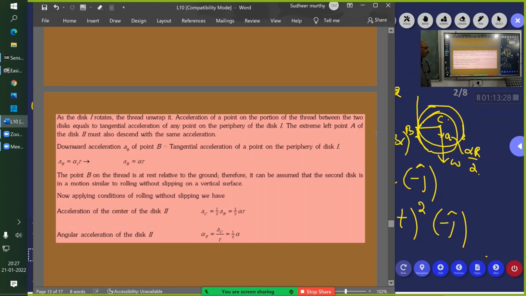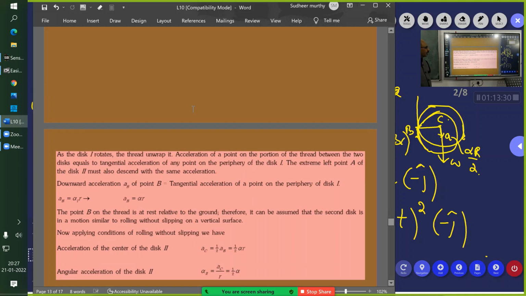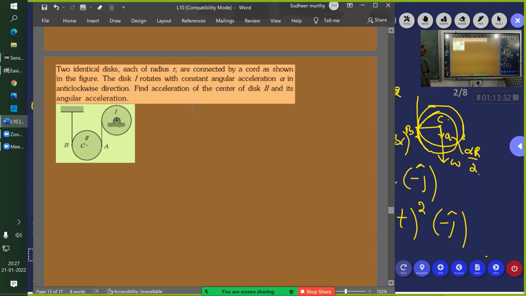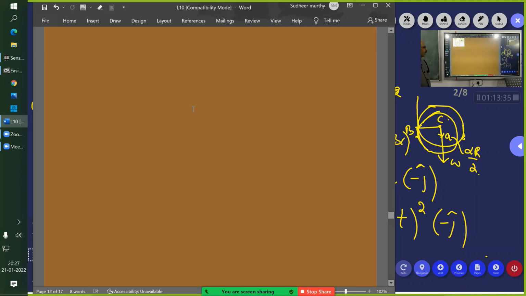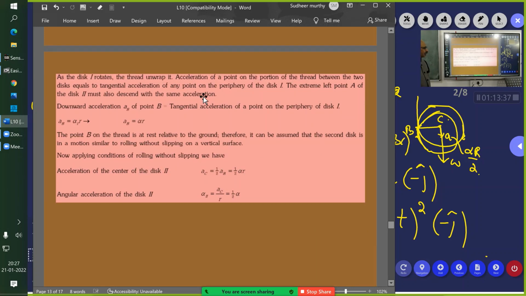The extreme left point B of disc 2 must also descend with the same acceleration. Downward acceleration AB of point B is equal to tangential acceleration of a point on the periphery of disc 1. So AB is equal to alpha R.